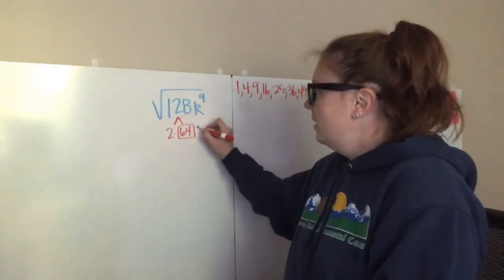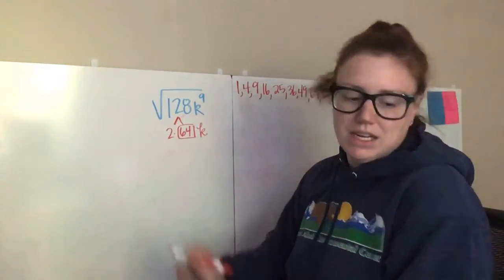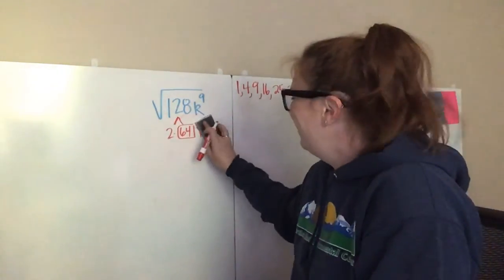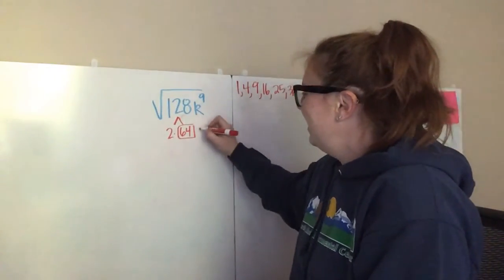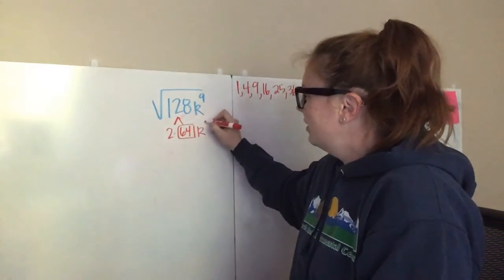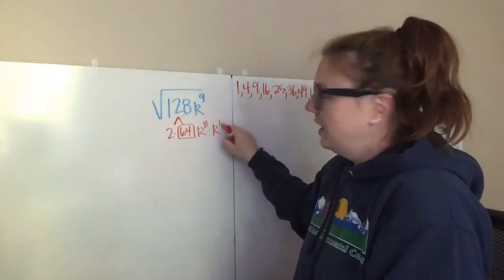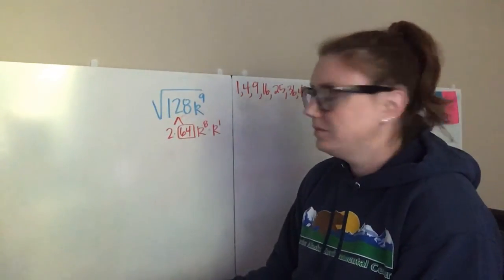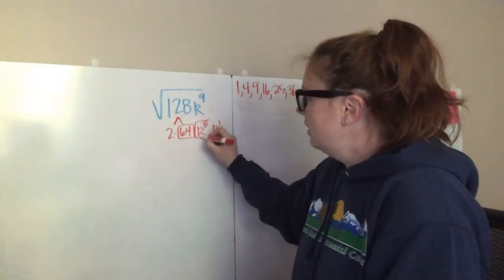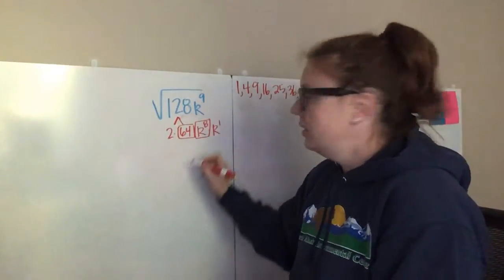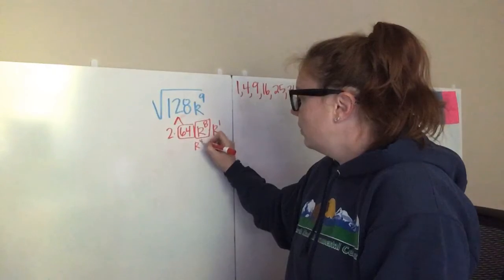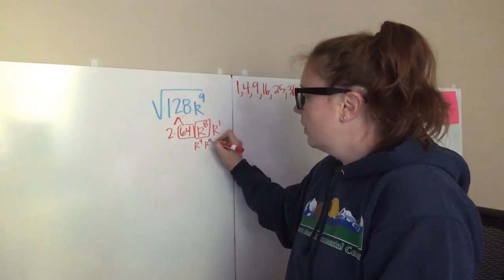R to the 9th is odd, so I'm going to do R to the 8th times R to the 1st, because together they make the 9th. And since it's even, I can do the square root of it. So it's R to the 4th times R to the 4th.